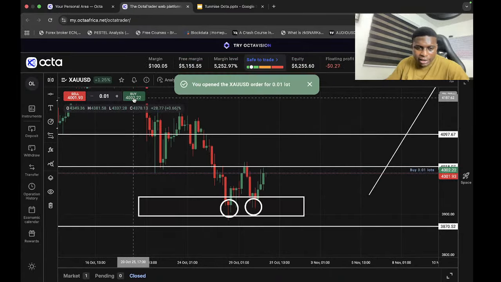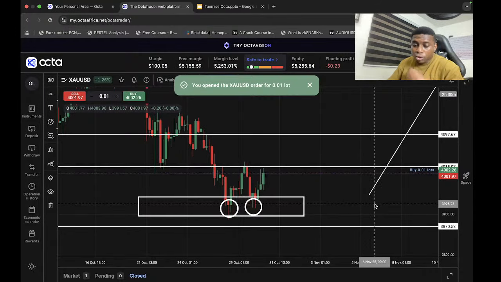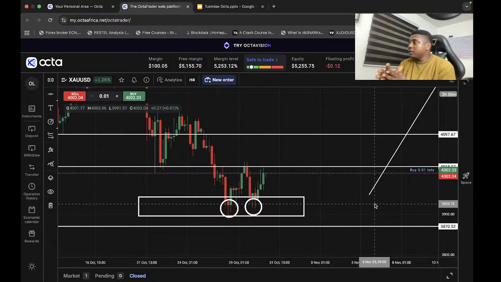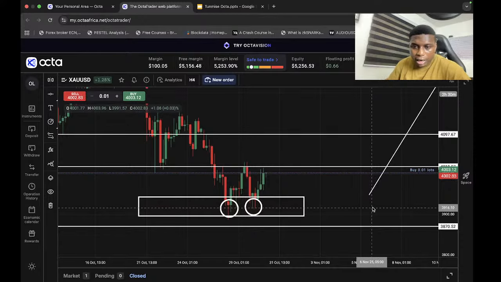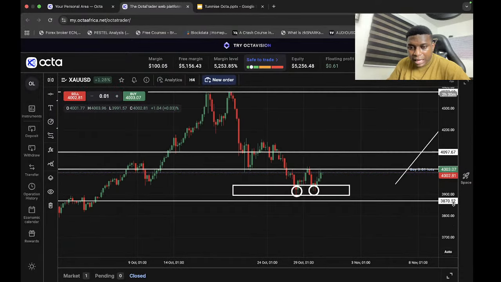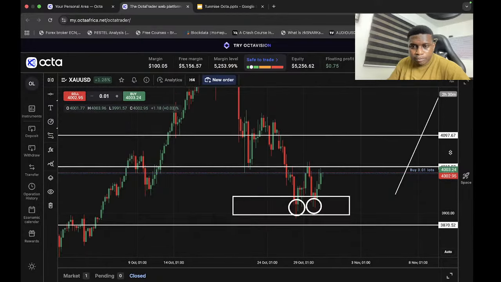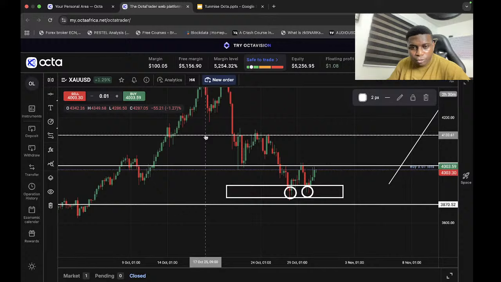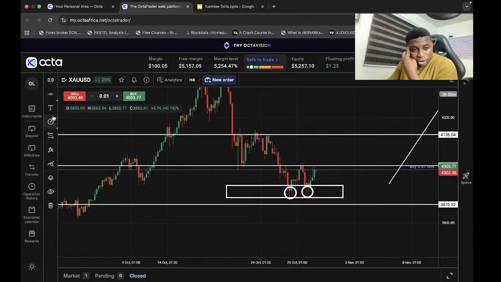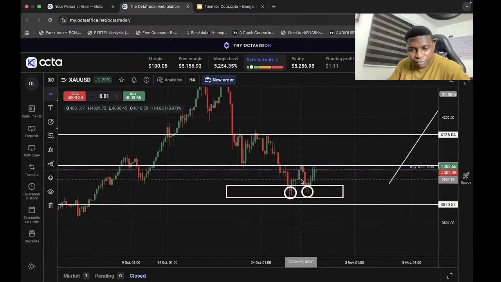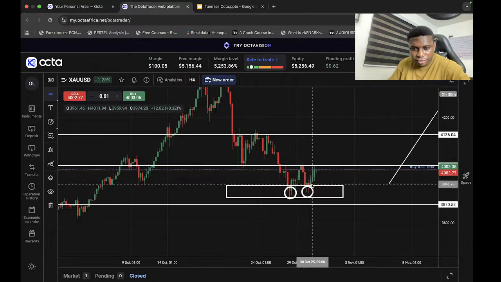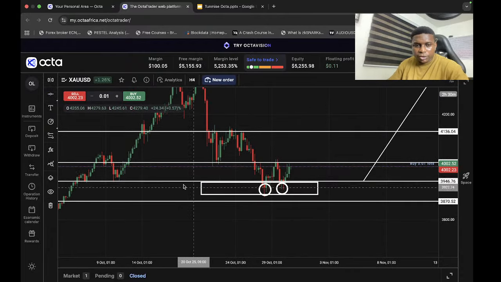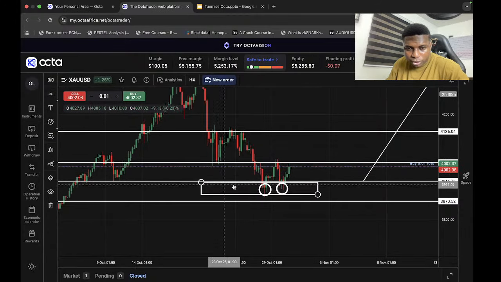I'm not taking a buy on the gold market, and you know that I don't recommend taking a trade without adequate risk management. So we're going to put our stop loss and take profit level. Our take profit level would be up here, and our stop loss level would be just right here, which is like the next support zone.